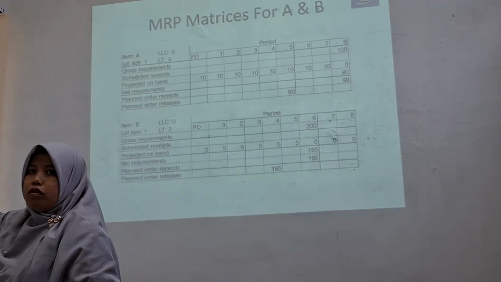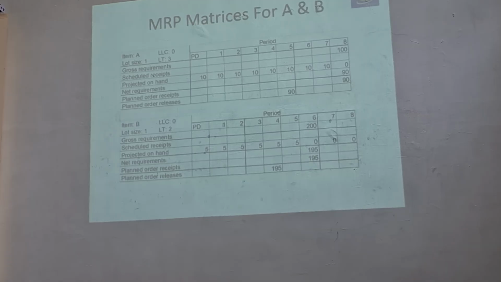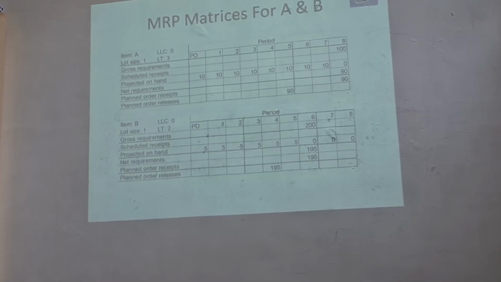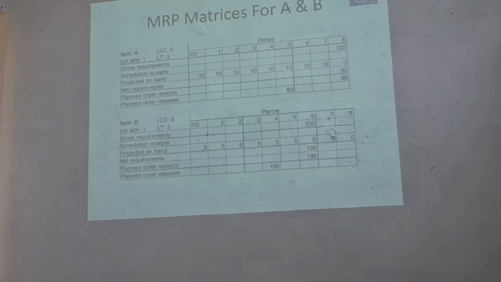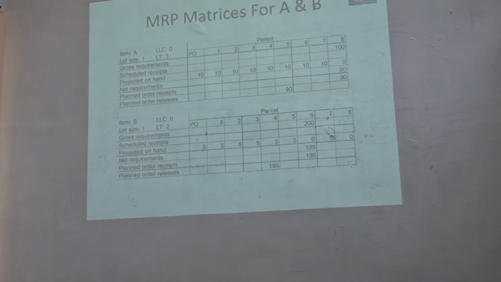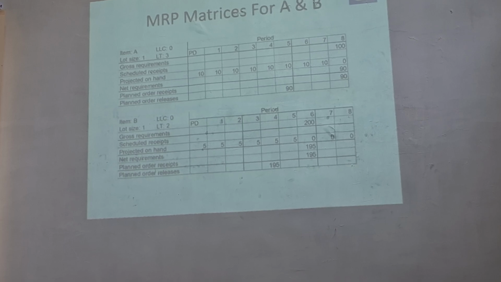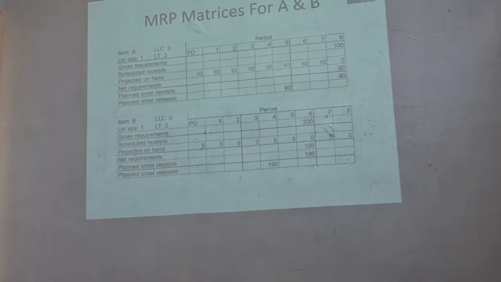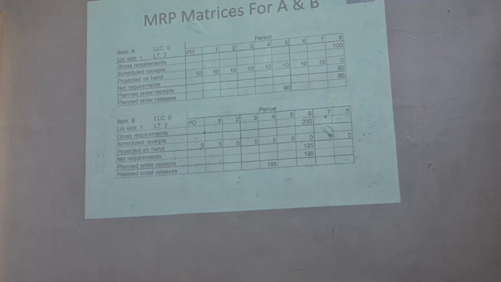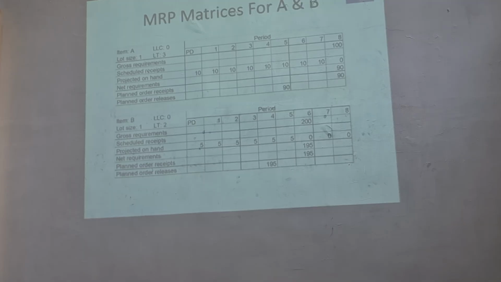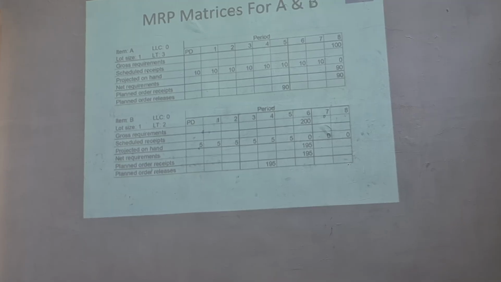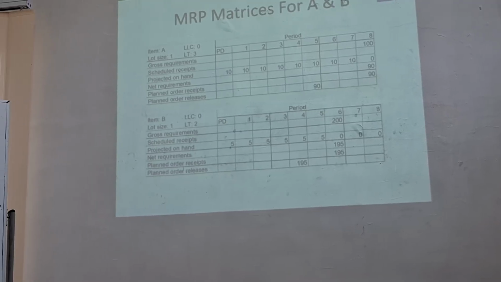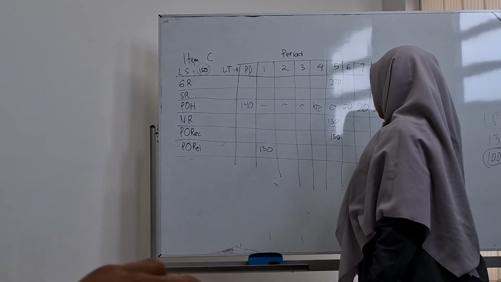So this is the gross requirement for item C. This information, POH 140. The net requirement is 270 minus 140, so 130 is the NR, but we must see the lot size.